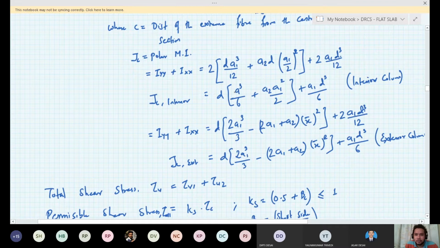The formula is d taken out common, a cube by 6 plus a2, or simply you can use this formula, that is 2 times d a1 cube by 12 plus a2 d a1 by 2 whole square plus 2 a1 d cube. So we'll be using this formula.